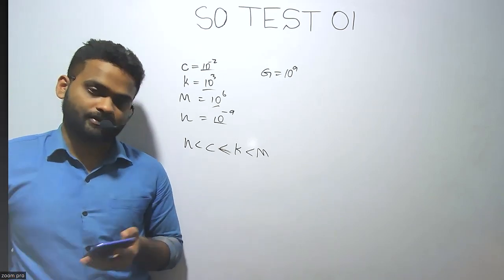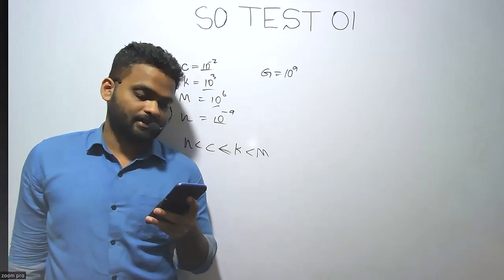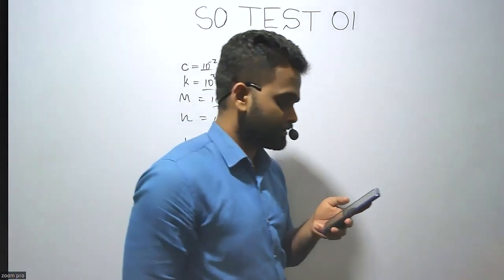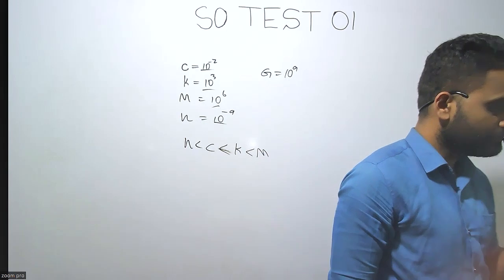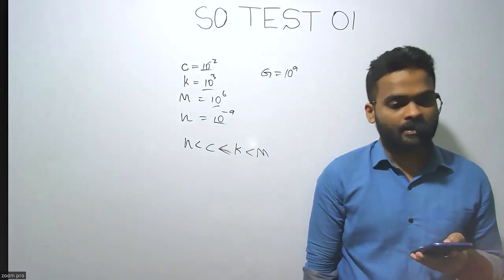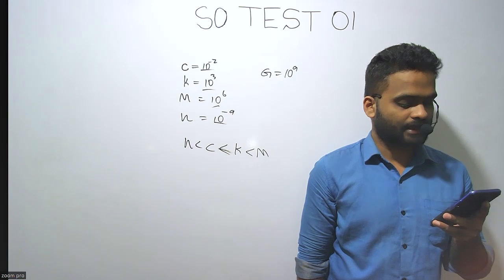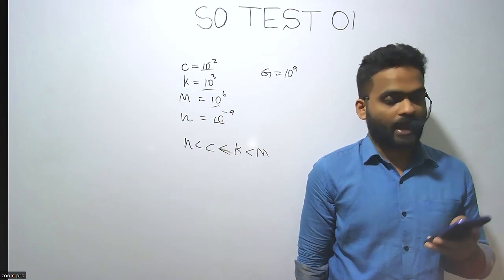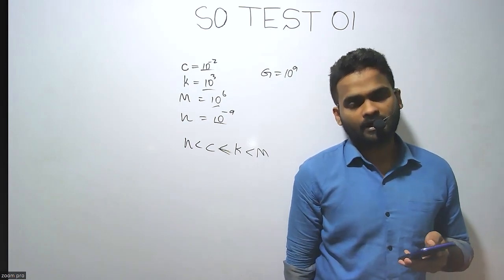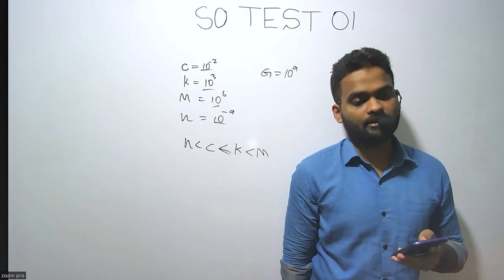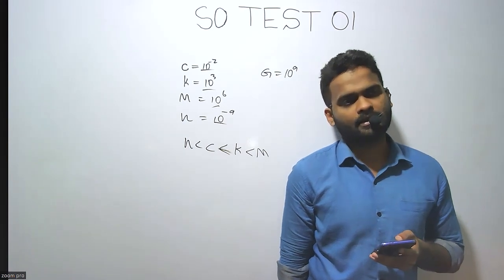Then the third question: which option does not have a fundamental SI unit? We discussed the 7 fundamental units in the previous question as well. So ampere is a fundamental unit, right? Why is that?